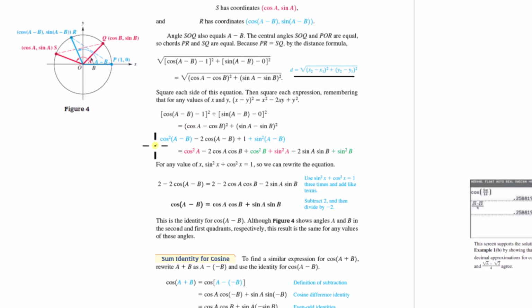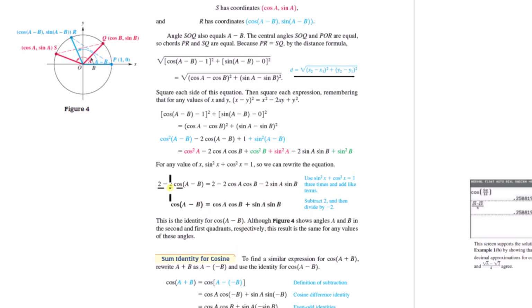So you have cosine squared of A minus B plus sine squared of A minus B, that becomes 1, right? 1 plus 1 is 2, so you're left with 2 minus 2 cosine of A minus B. Here there's cosine squared B, sine squared B, cosine squared A plus sine squared A, so they could bring all that together, and they're left with this.